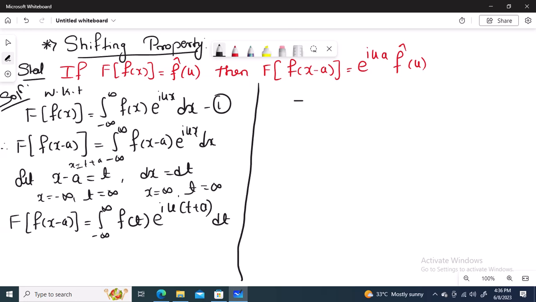So if I simplify, you can expand the powers.